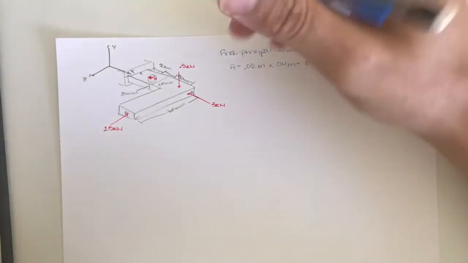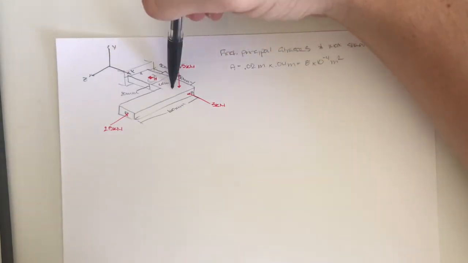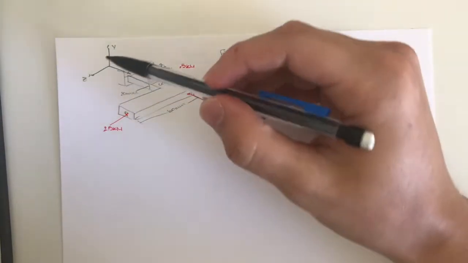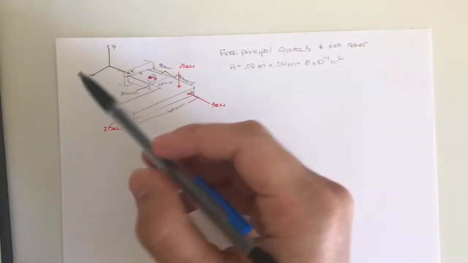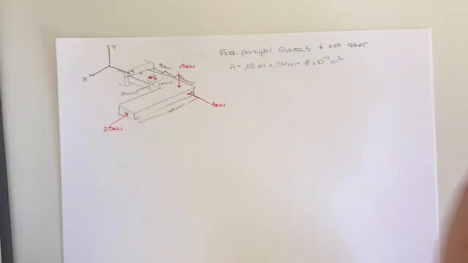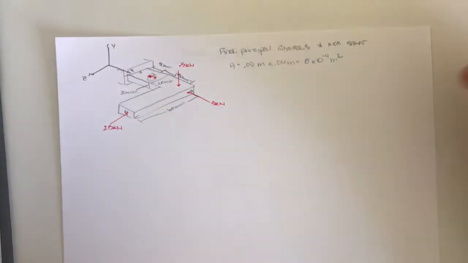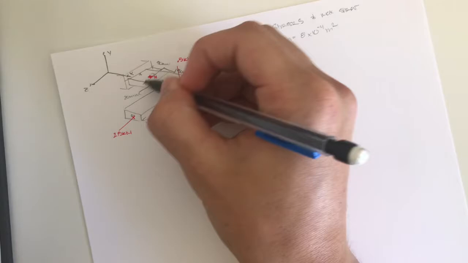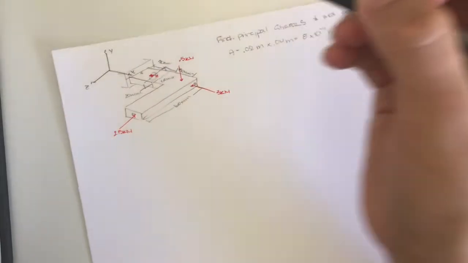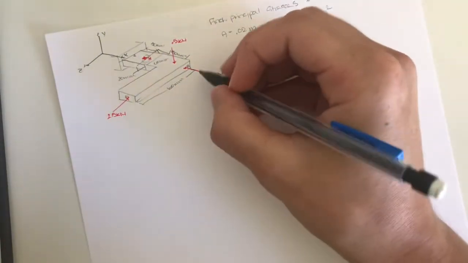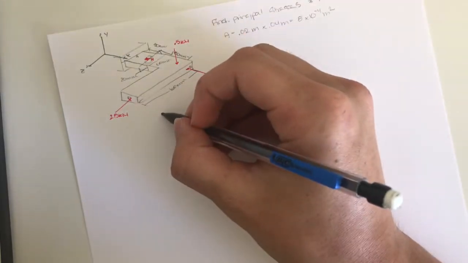We have the x direction going in this direction right here, the y in the upward direction, z out here. So the first thing I will do is make a cut at H and draw that diagram. I'm going to draw that right here.